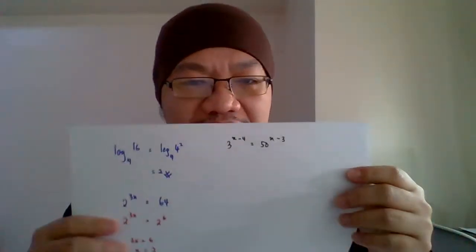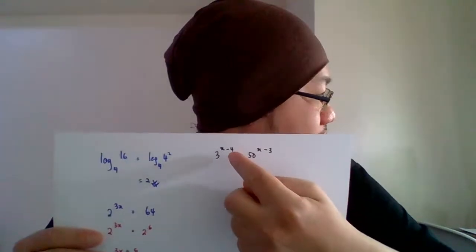The example given there is 3 to the power of x minus 4 equals 50 to the power of x minus 3. This is example 32.